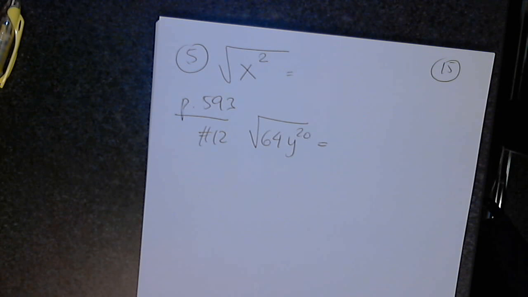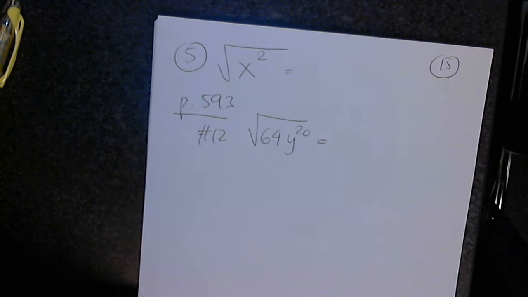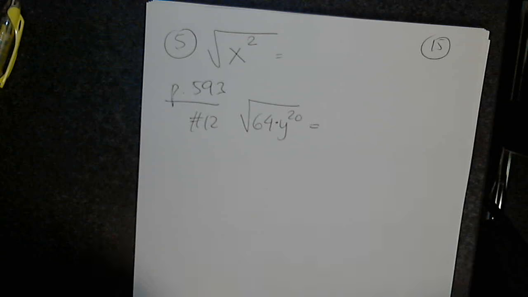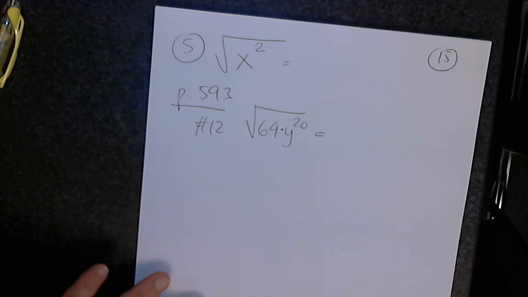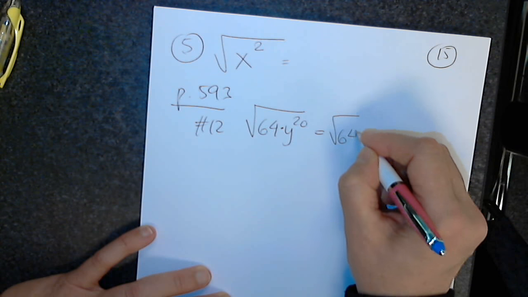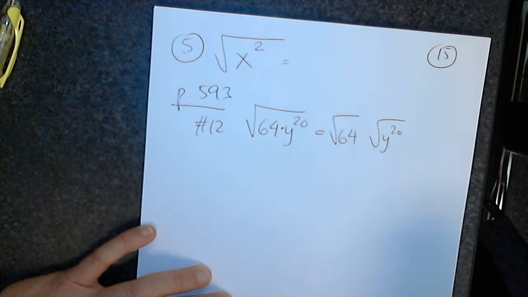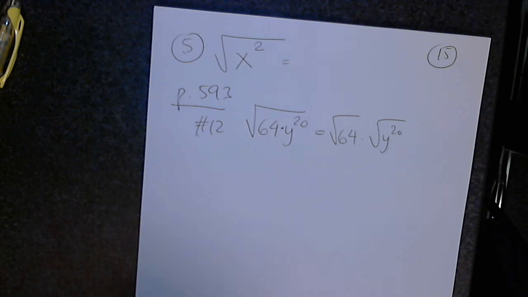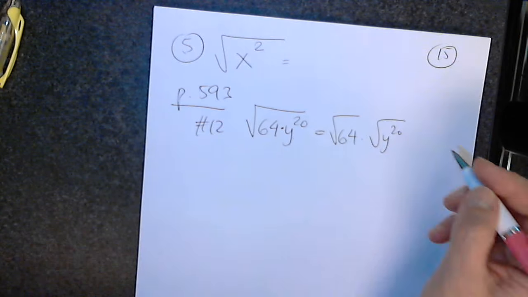We're asked to simplify, and we're told to assume that everything is positive. I'll explain in a moment why we're told that. First of all, I notice that this is a product, and I will be using one of the first rules that I know to split the product into a product of two radicals. I know that the square root of 64 is 8.